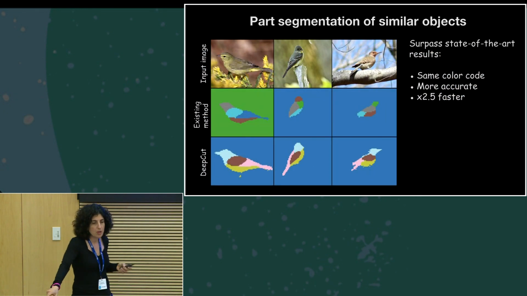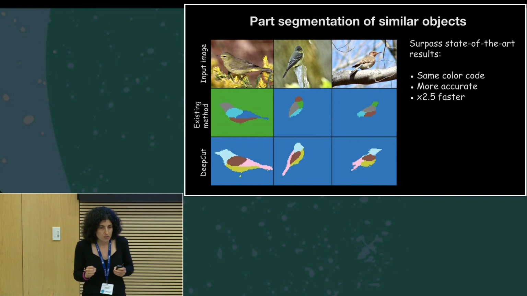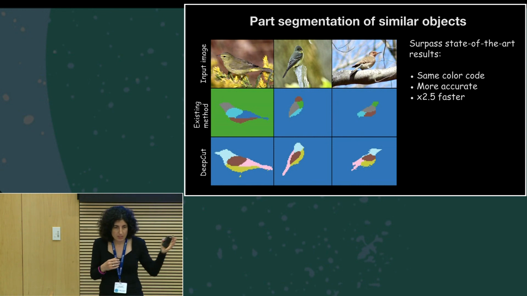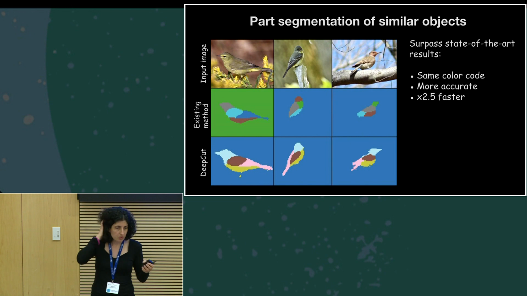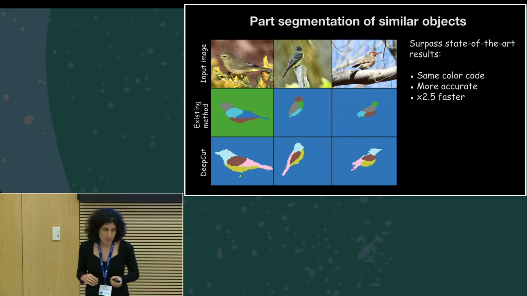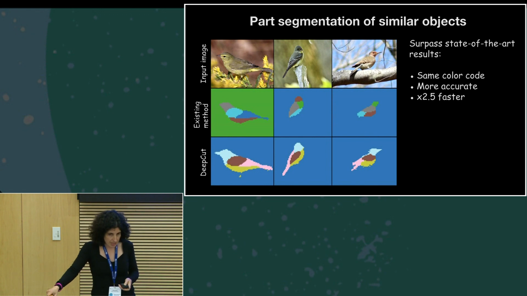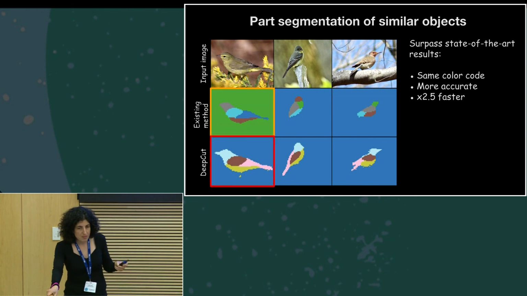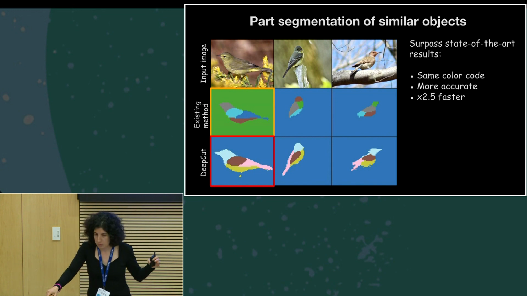We can also do part segmentation. It means understanding the parts. So in the first row, you see input images of birds. In the second row, you see one of the existing methods. And on the third row, you see our method. You can clearly see that we have the same color code. The background is always blue.